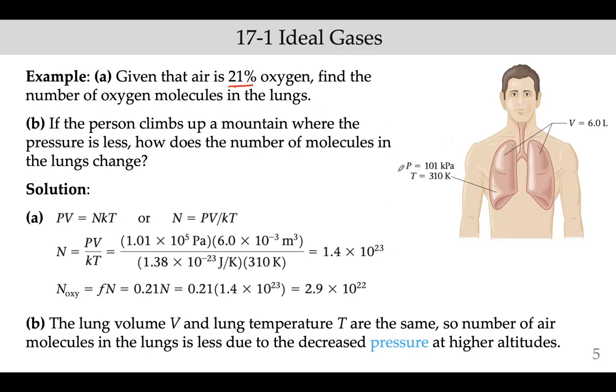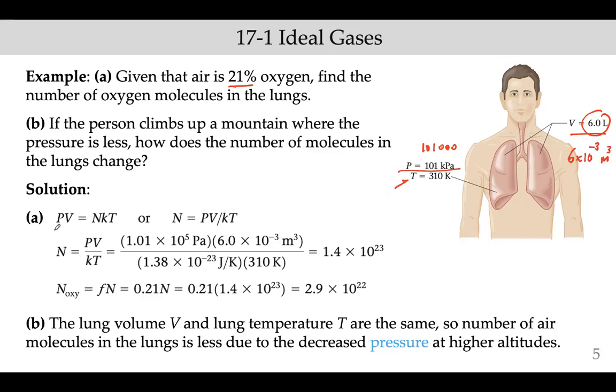The atmospheric pressure is this one. Of course, in the formula, we have to use 101 times 1,000, so we have to use this value. Temperature is already given. The volume is given, but we have to convert it to meter cube. So it will be 6 times 10 to the negative 3 meter cube.